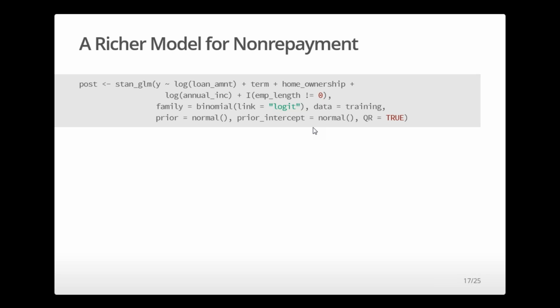It's relative to the people who have a mortgage. So 2 dummy variables will be created, one for people who own their home outright and another for people who rent. And then continuing with the formula, we also include the logarithm of the annual income of the borrower and a dummy variable indicating whether the person has a job or not at the time of the loan.